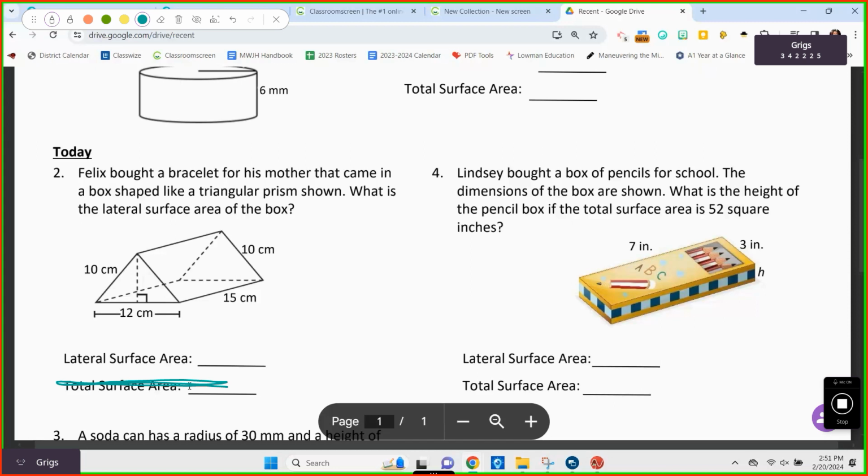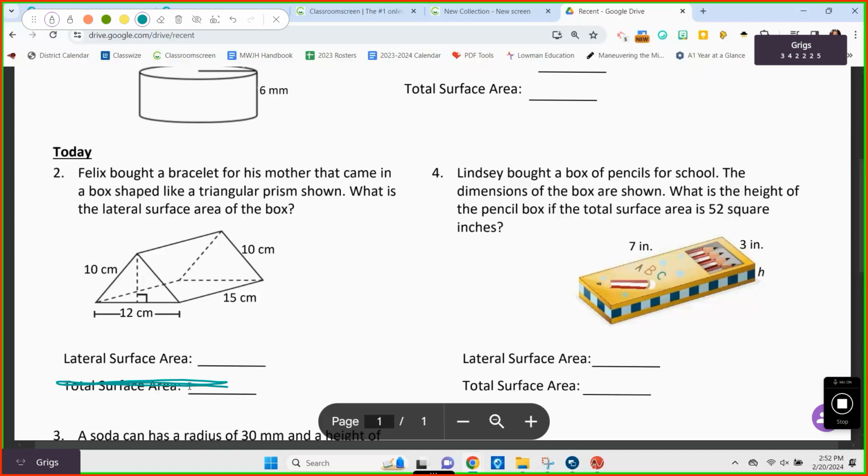And number 4, read it to yourself and then put your hand on your head. What is different about this problem? We already have the total, but we have to find the height. We have the total, we're finding a missing variable. Alright, so what shape is this?